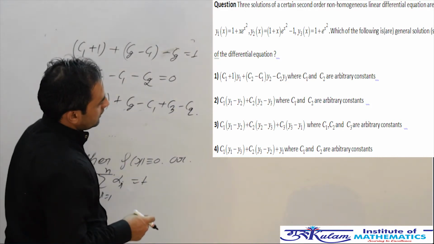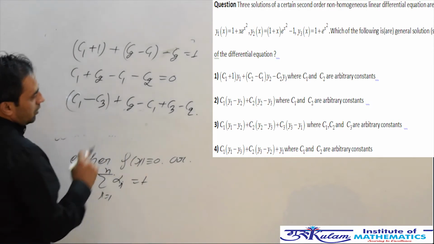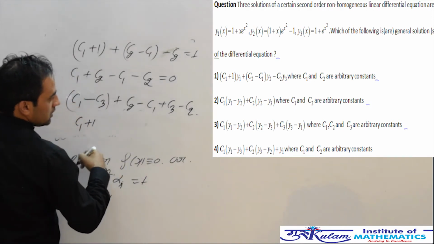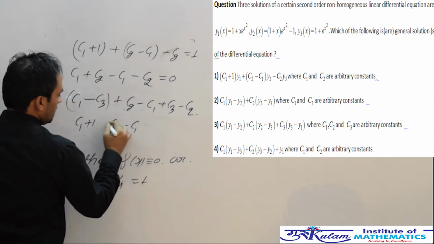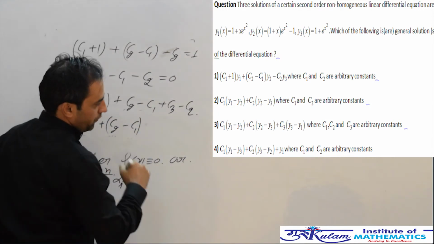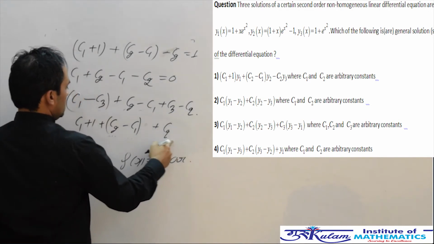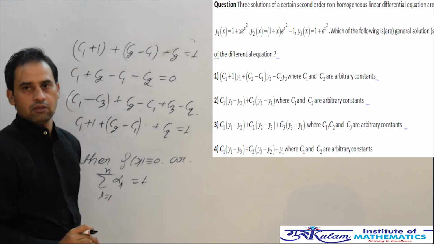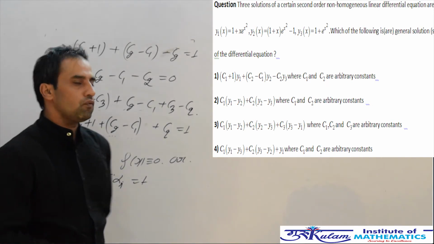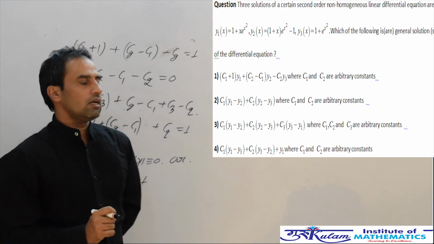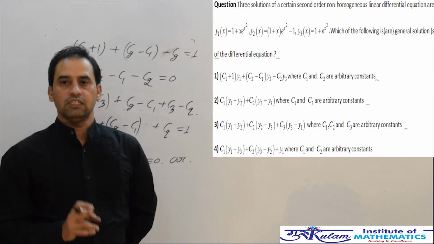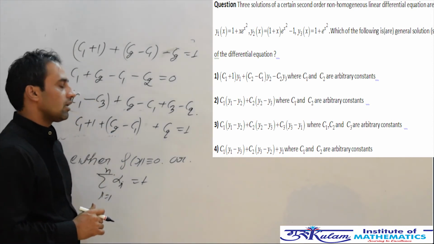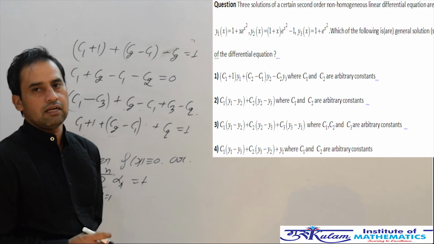If you check the fourth option, the coefficient of y1 is c1 + 1, the coefficient of y2 is c2 - c1, and the coefficient of y3 is -c2. The c2 gets cancelled out, the c1 gets cancelled out, and finally the sum is 1. So in the first option the sum of coefficients is 1, and in the fourth option the sum of coefficients is again 1. By the principle of superposition, the first and fourth options are correct, and the remaining are incorrect. Hence the answer is first and fourth.